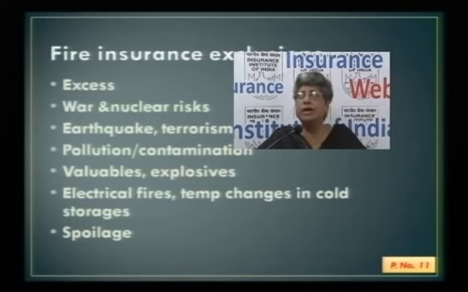Now valuables are covered for a small amount of 10,000, that's like works of art. But explosives require prior permission because they fall under certain regulations of the Explosives Act. So explosives will result in a greater risk. So these valuables and explosives need to be informed if you want specific cover for full value.